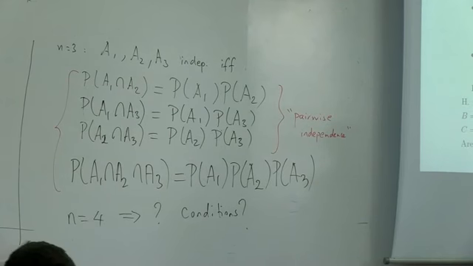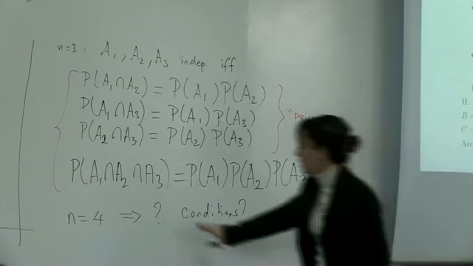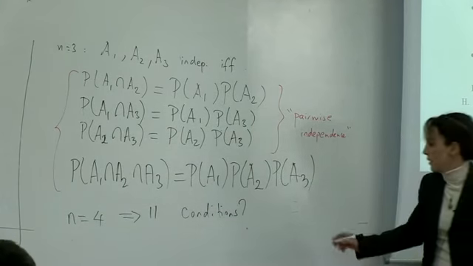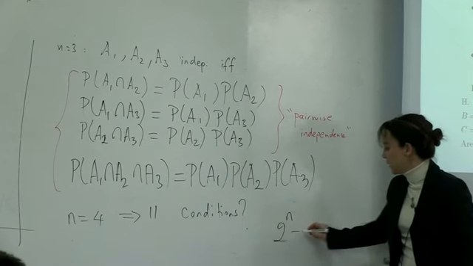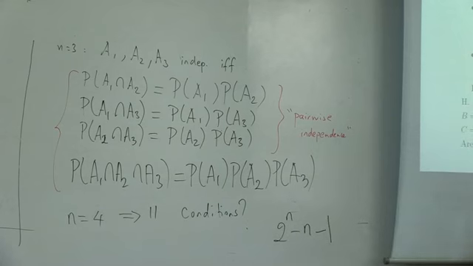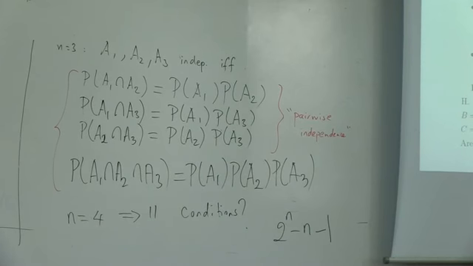Which is 11. So in general, 2 to the N, minus N, minus 1 conditions need to be checked and satisfied for N sets to be independent as a group.